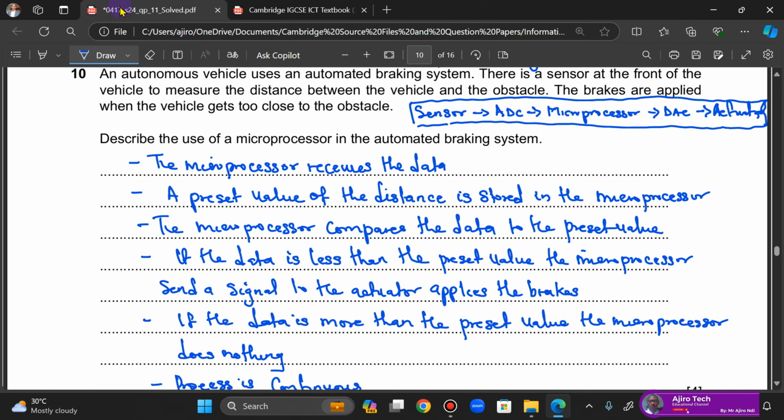Let's say if it's less than 5 centimeters, apply the brake. But if it's 10 centimeters, it will do nothing. Okay, so hope that is understood.